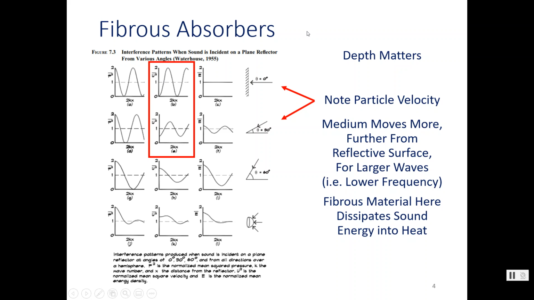And the way that fibrous absorbers work is that you have all these fibers, and the sound energy, that movement, excites the fibers, and the fibers dissipate that energy into heat. So we need to be a certain distance away from the reflective surface for that phenomenon to happen. So I think this just says that the medium moves more, further from the reflective surface, for larger waves, that is lower frequency. So you have to have the fibrous material there to dissipate the sound energy into heat.